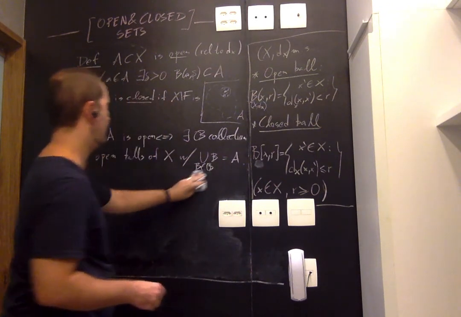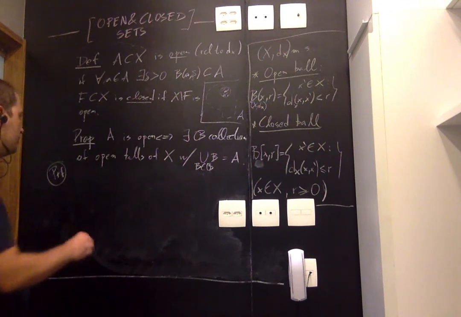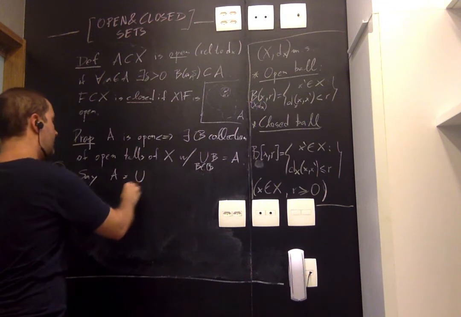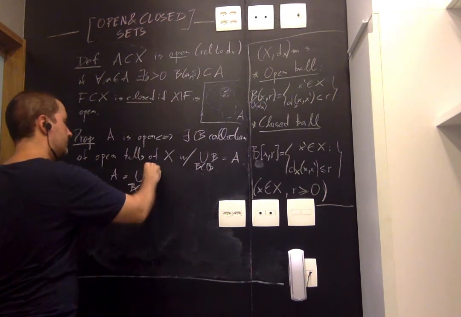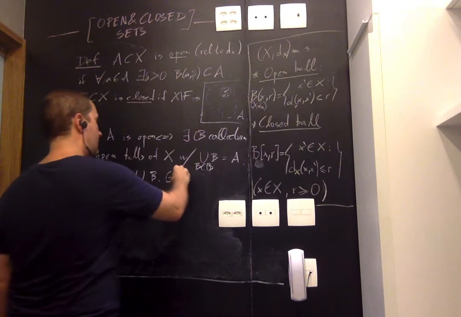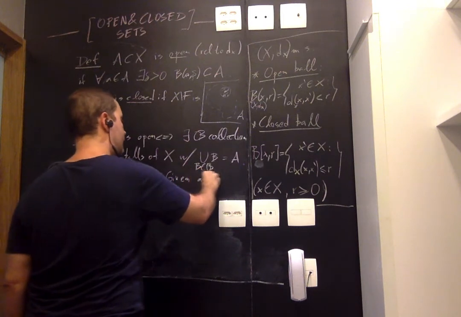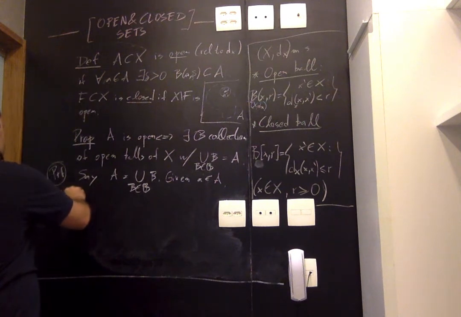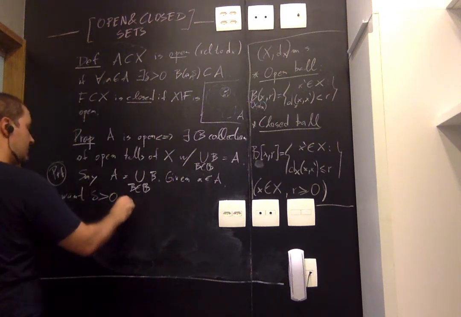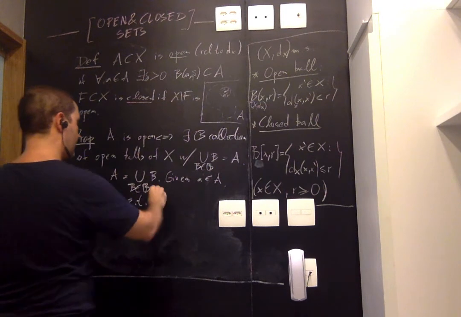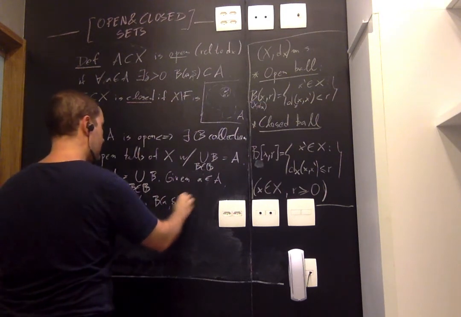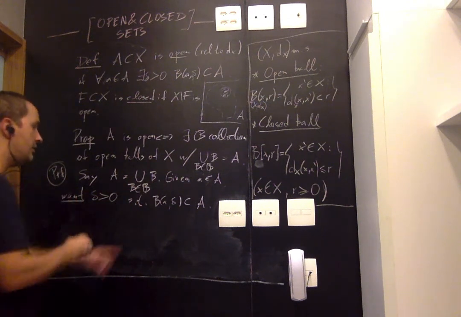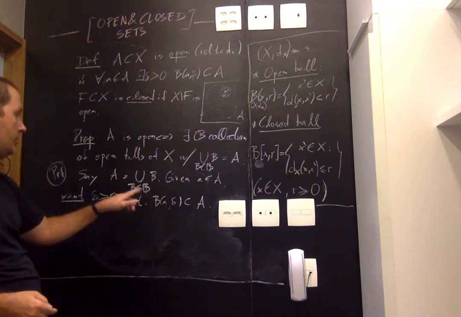It really follows from the previous proof. Say that A is the union of balls like this. Now what I have to do is, given an element a of A, find delta greater than 0 such that B(a, delta) is contained in A. If you manage to find such a delta for any a, then we know that A is open.